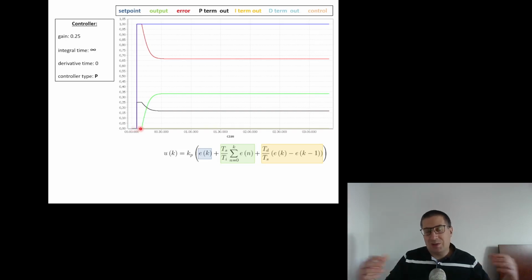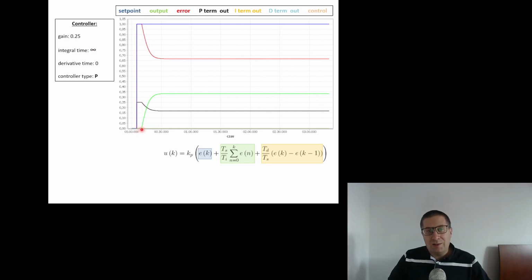Let's say it is the temperature. But the set point changed to 1, so the error is 1 minus 0, 1, and the PID controller reaction is proportional to the current value of the error signal. So if the gain is 0.25, the control signal value will be 0.25.